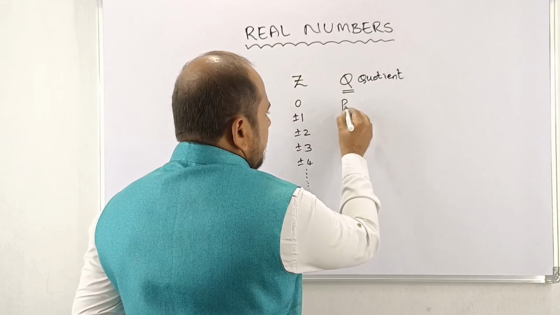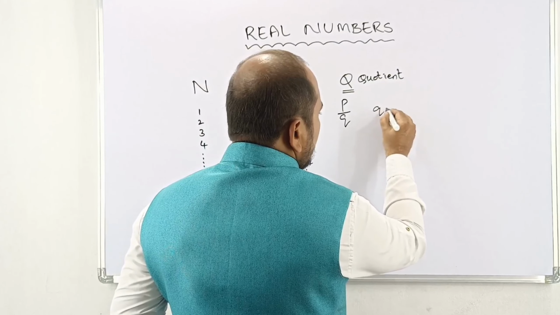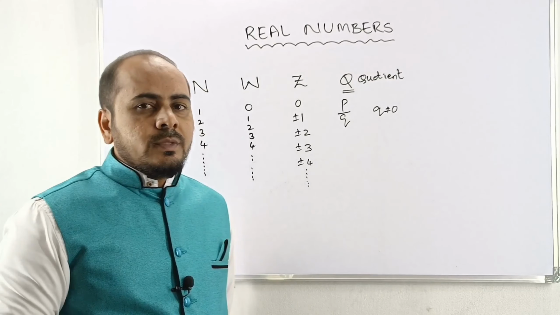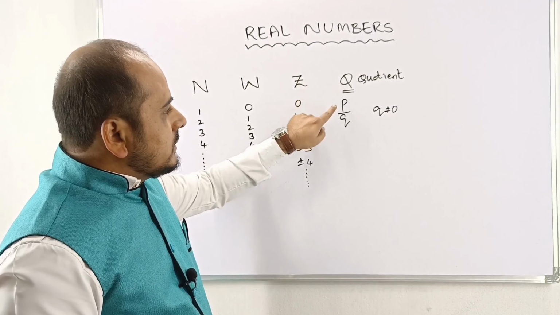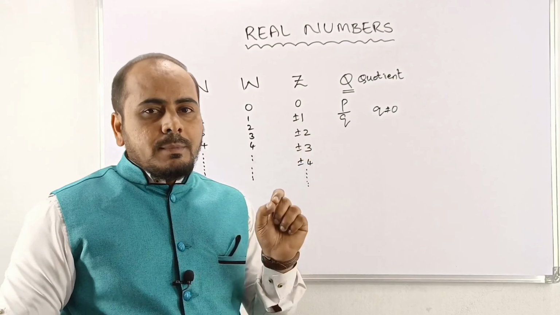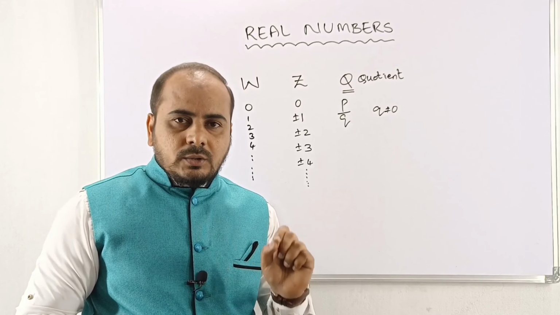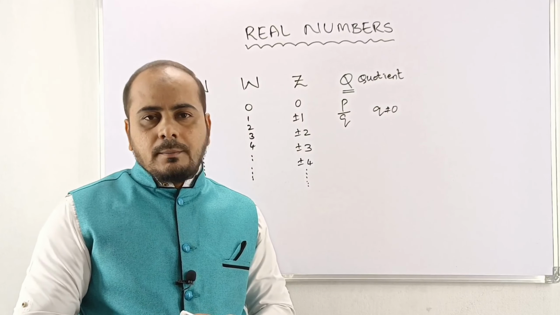The form of P by Q where Q is not equal to 0 is called a rational number. Once again I am going to repeat, my dear: rational numbers are nothing but the form of P by Q where Q is not equal to 0.